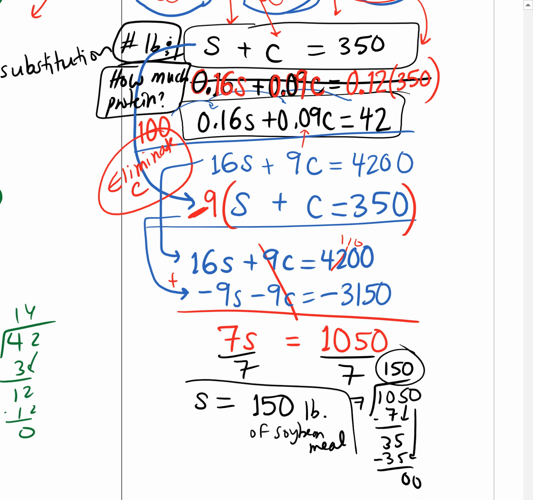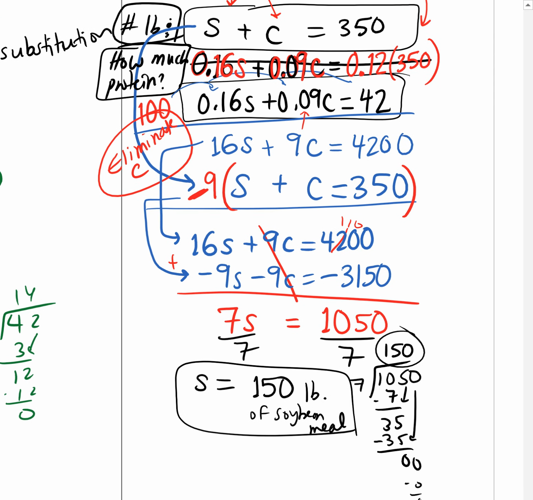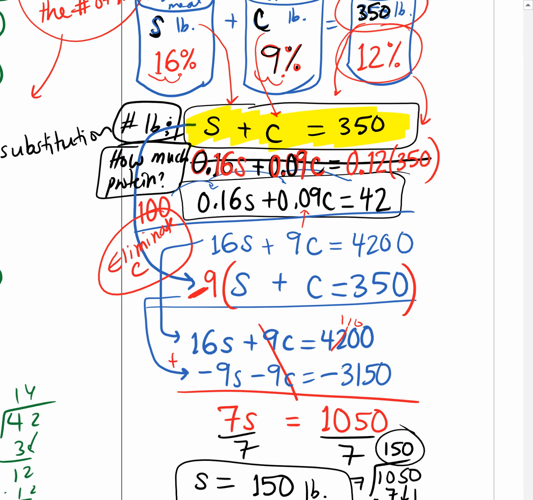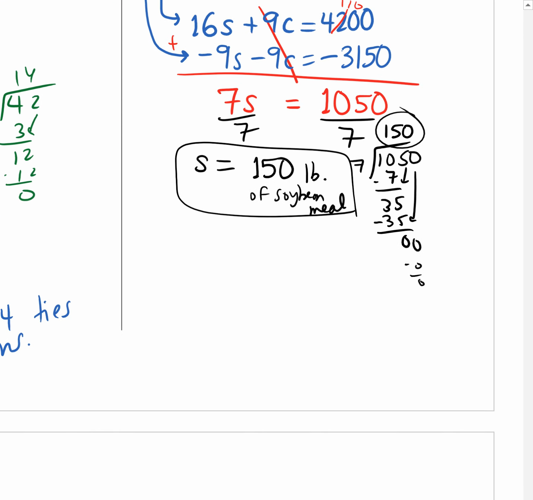But I think they want to know how many pounds of both, so I better find C also. And I can look back and see which is the nicest equation that I can plug that into to find the other guy, but clearly I think this is the nicest equation. Come on. Can't get better than that. So S plus C is 350, and that'll allow me to find the other value, C. You might even be able to guess the answer looking at this guy.